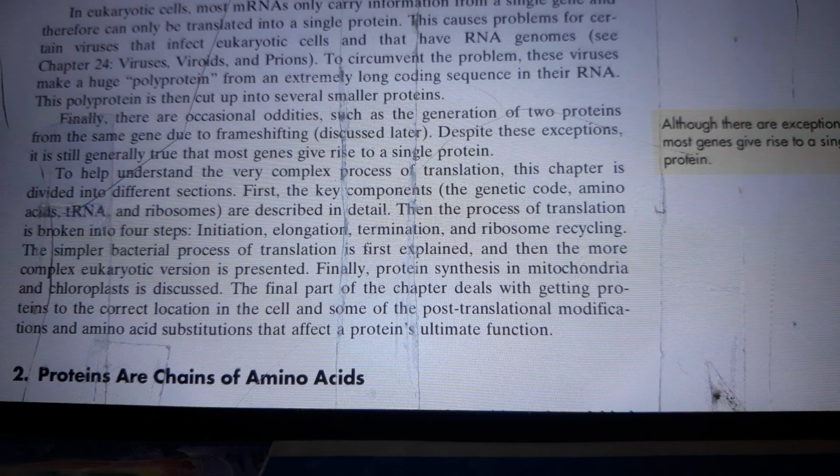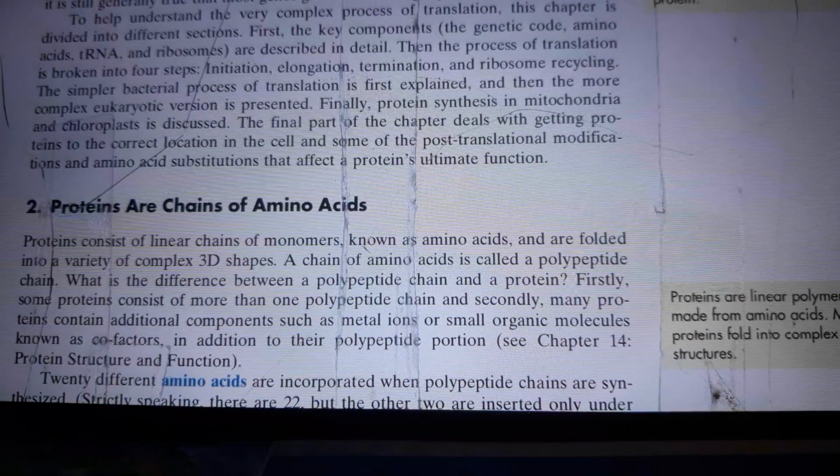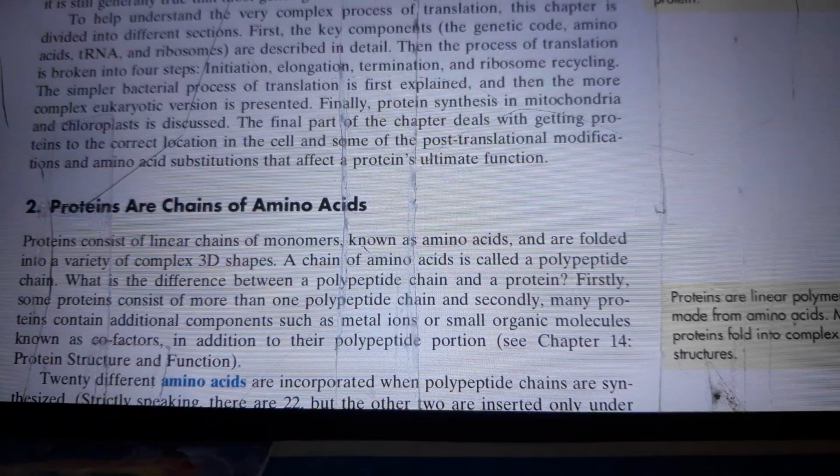This polyprotein is then cut up into several smaller proteins. Finally, there are occasional oddities, such as the generation of two proteins from the same gene due to frame shifting, which will be discussed later. Despite these exceptions, it is still generally true that most genes give rise to a single protein.